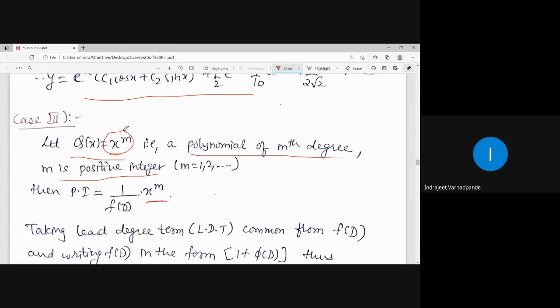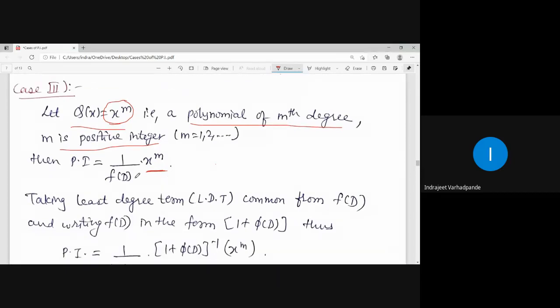So as per the definition, we have PI is equal to 1 upon f of D operated on x to the power m. Now, how is this to be simplified? We have to first take out the least degree term common from f of D and write f of D in the form 1 plus phi of D. In the denominator, what is the requirement in this case?